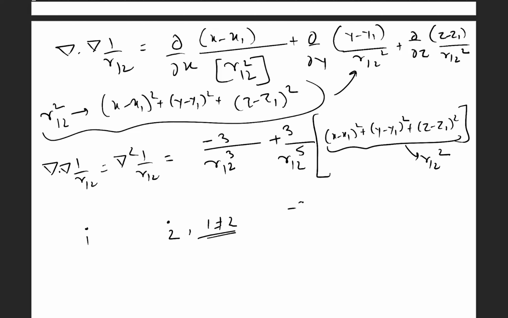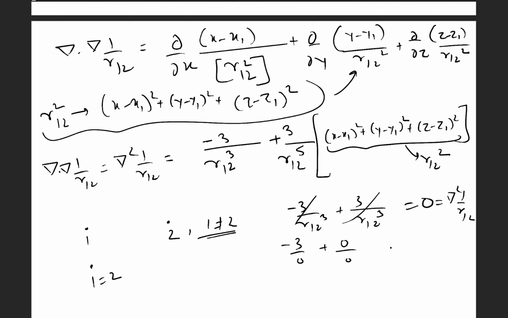So we will have minus 3 by r12 cubed plus 3 by r12 cubed, and it goes to 0. So when these two points are not equal, this quantity is equal to 0. However, when these two points are equal, 1 equal to 2, what happens? This is minus 3 by 0 plus 0 by 0. So this implies it is not equal to 0.